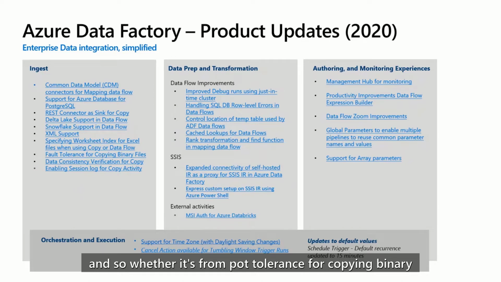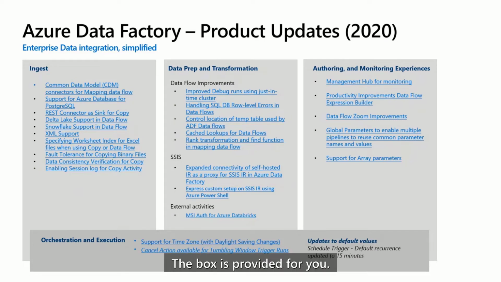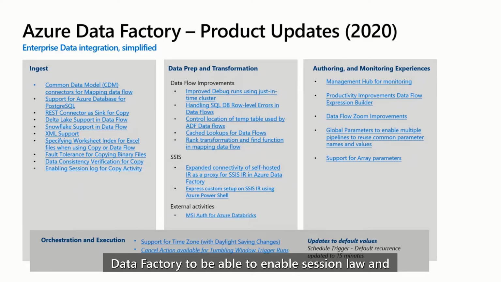And so whether it's fault tolerance for copying binary files or ensuring that there's a data consistency verification for copy, all this is provided for you out of the box. Now, the other ask that we get a lot is, when you use a copy activity in Azure Data Factory, to be able to enable session log, and that allows you to troubleshoot when things go wrong.